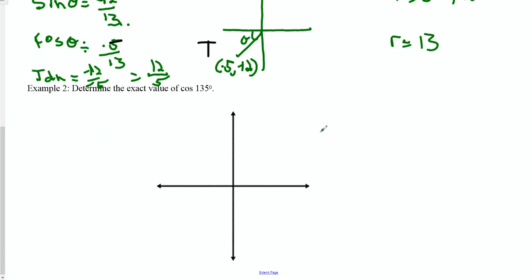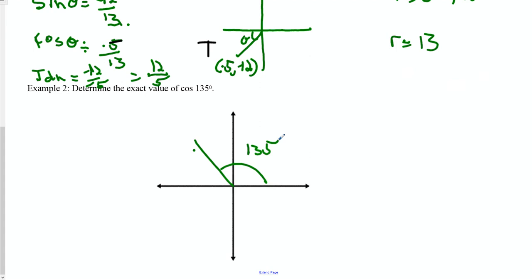Here we're given the exact value. We want to determine the exact value of cosine of 135 degrees. Okay, so 135 degrees, if we draw that in standard position, my terminal arm is over here. I know that this is 135 degrees here.